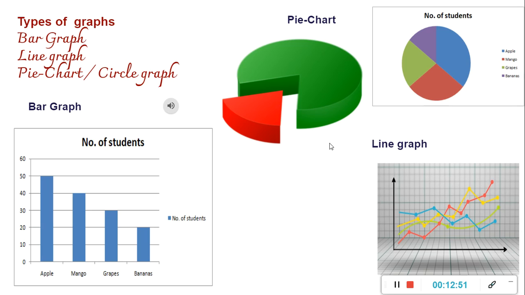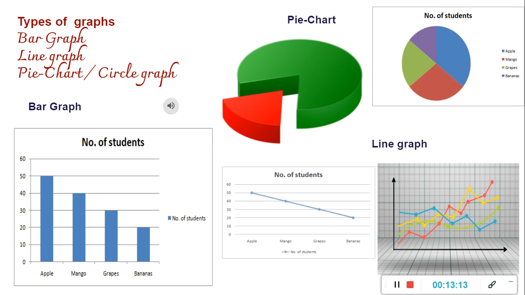So this is how you can represent the same data using a pie chart. In a pie chart, each set of data is separated just like a slice of pizza. Here, the biggest slice is for apple, which means apple is the fruit liked by most of the students.